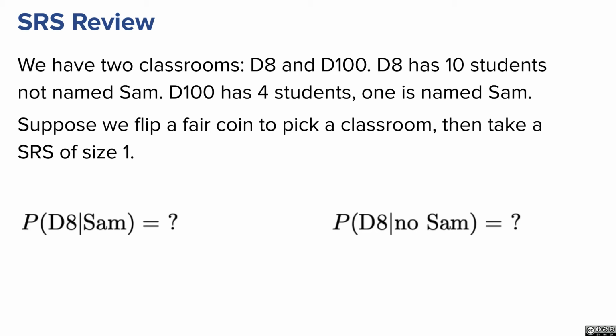In this case, we want to take our sample and use it to infer what population it came from based on some data. Here, we're trying to infer the classroom that I picked based on whether Sam was in my sample or not. Why don't you think about this for 2 minutes, talk with your neighbor about it, see if you can come up with something reasonable for these two problems.